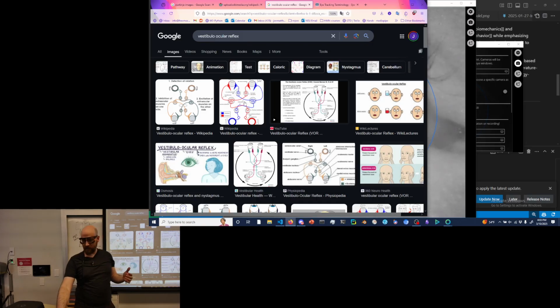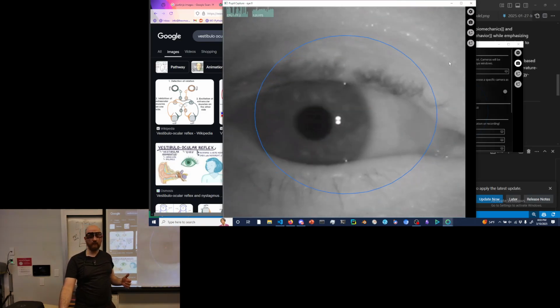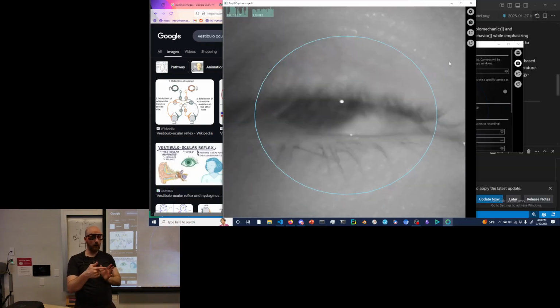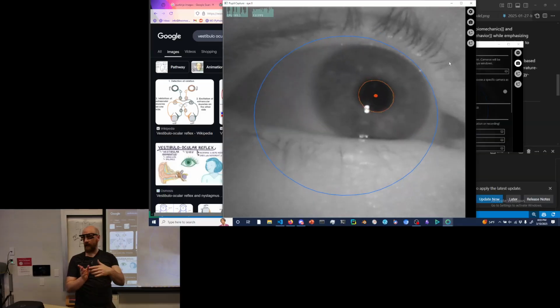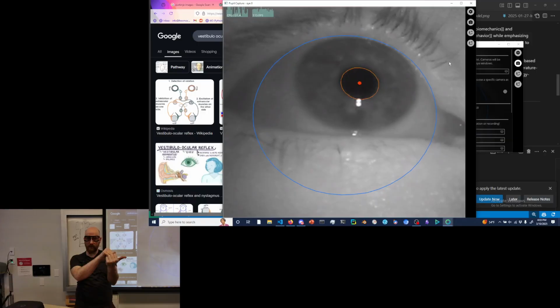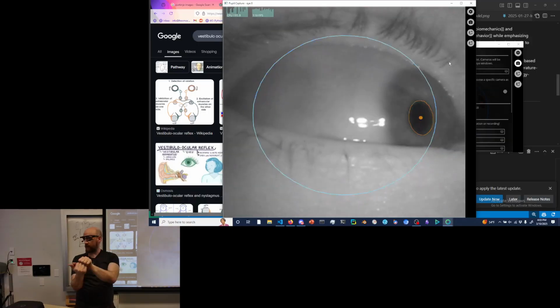Basically these movements in my eye are directly canceling out the movements of my head. If my head moves left, and I maintain fixation, my eyes move right, and vice versa.